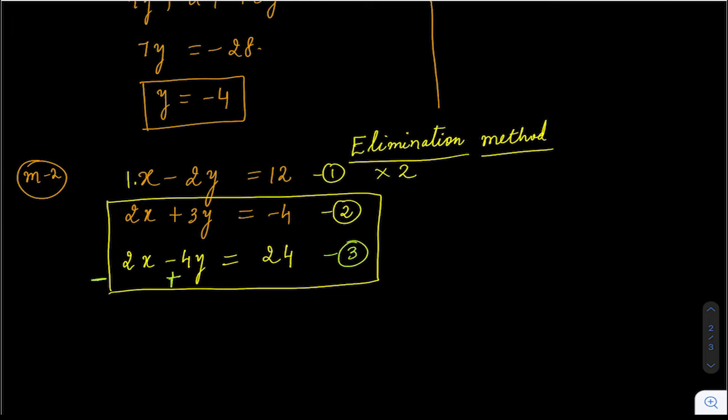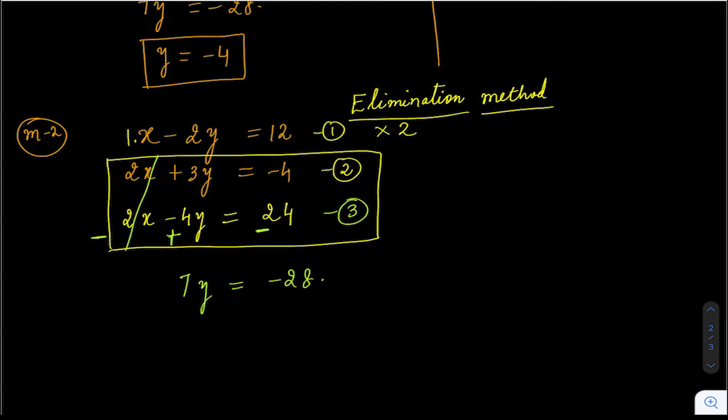When you are subtracting, obviously you have to change the signs. The x terms will cancel and you will get 3y plus 4y, because remember we subtracted, so this sign changed from minus to plus. So 7y equals minus 28.